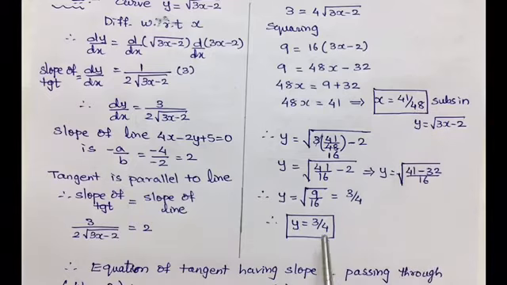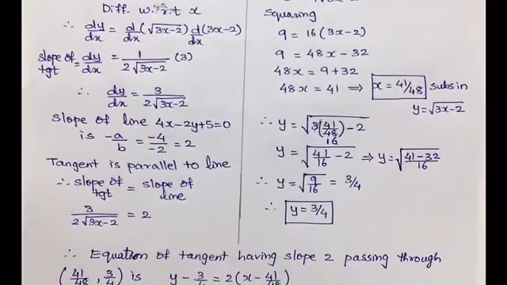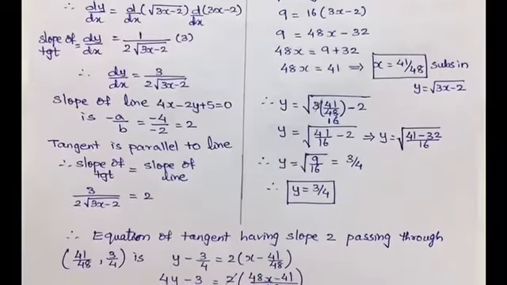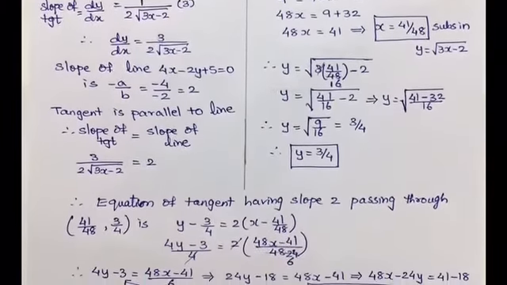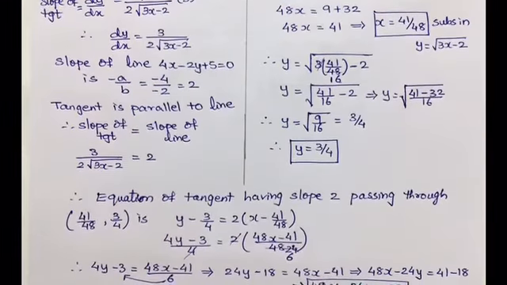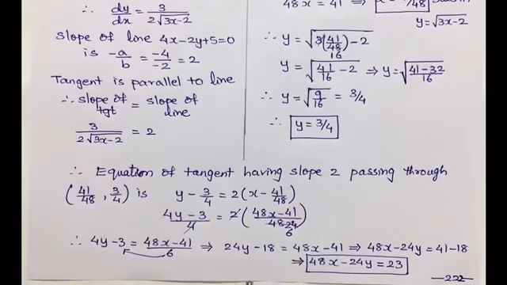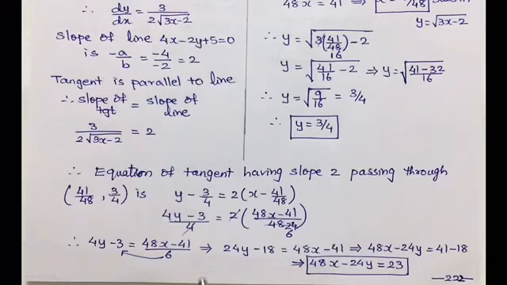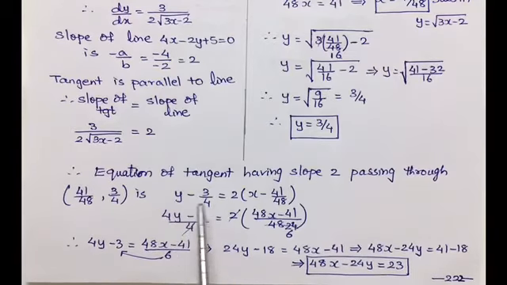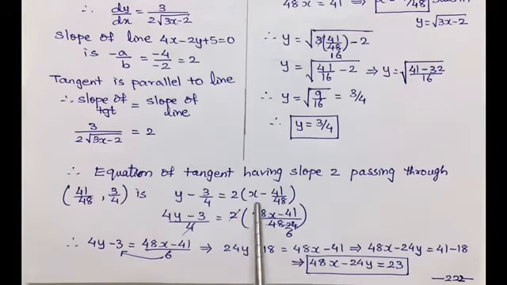Now the point is known, the slope is known. Keeping the values in the point slope form, that is for the equation of the tangent, we get y minus y0 is equal to slope times x minus x0.